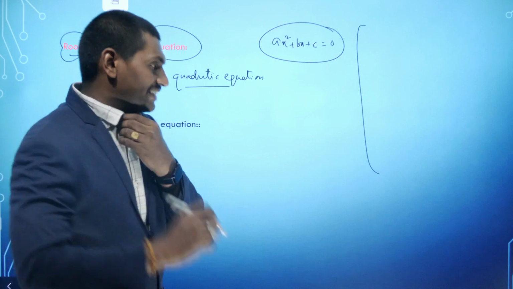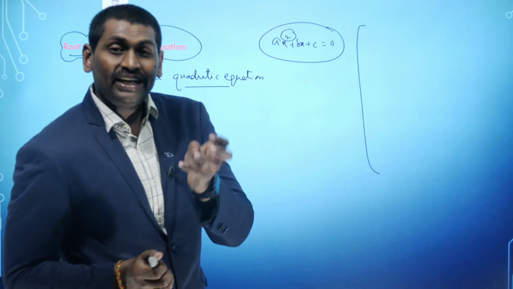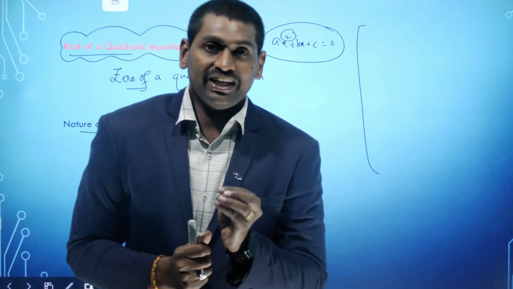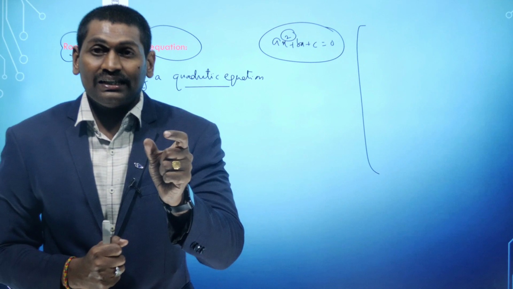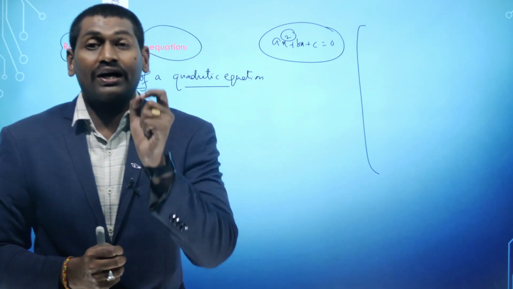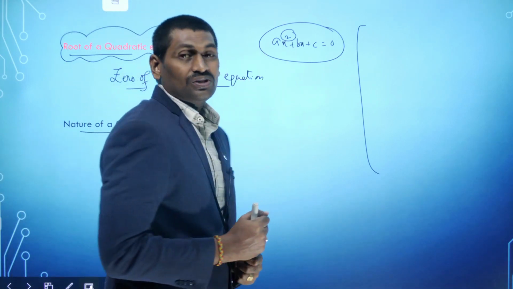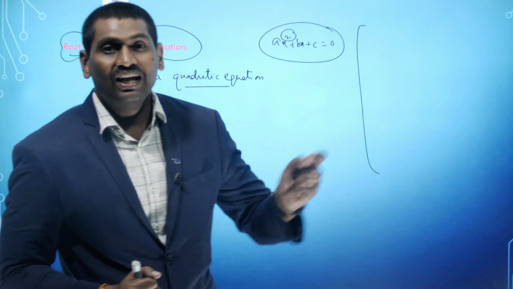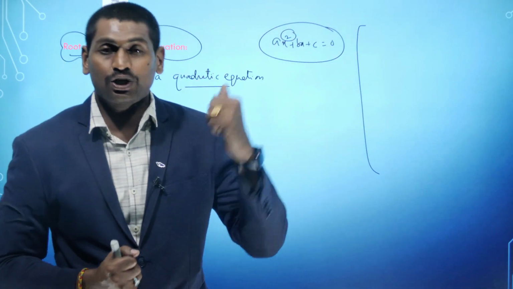Okay? For example, while you are taking degree 2, for any quadratic equation or quadratic expression, according to its degree, that many roots are involved. Its degree is 2, so simply we can say that there are 2 roots for this quadratic equation.